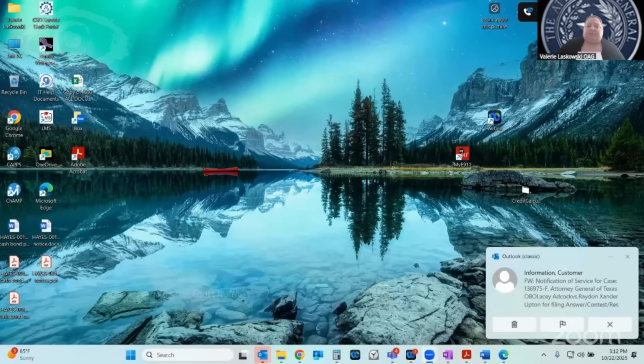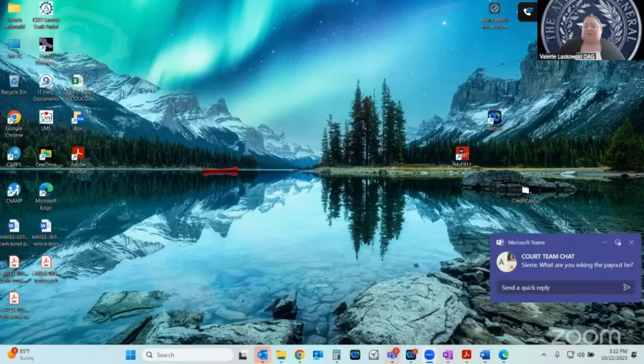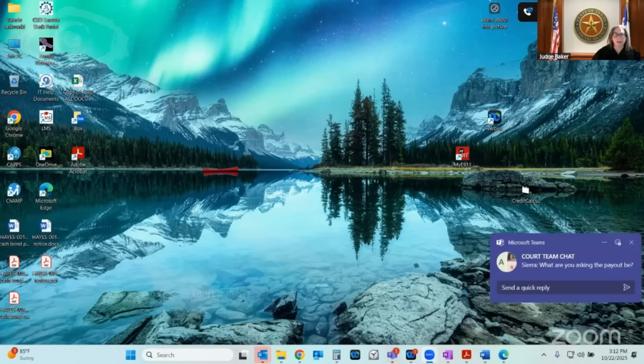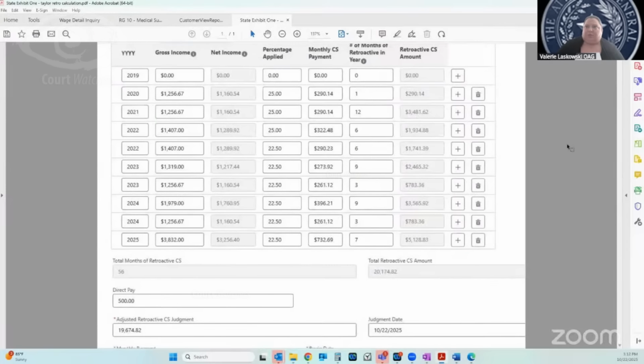I am sharing my screen with what has been marked as State's Exhibit 1. Can you tell me what this document is, Ms. Perez? Ma'am, that is your screen. It's not an exhibit. All right, Ms. Perez, can you tell me what this document is? Yes, ma'am.